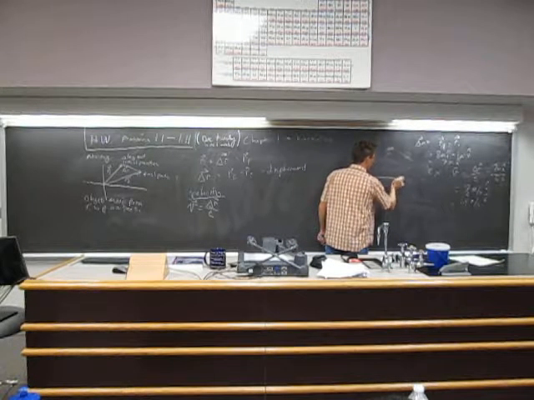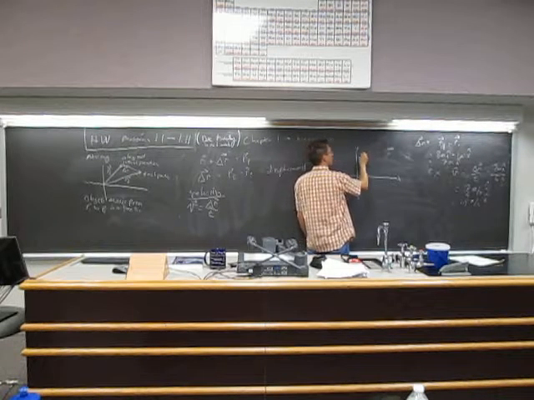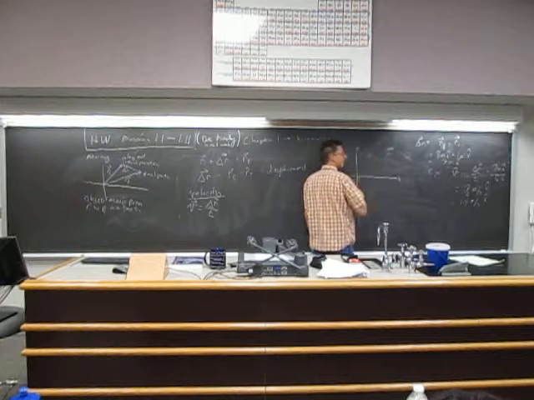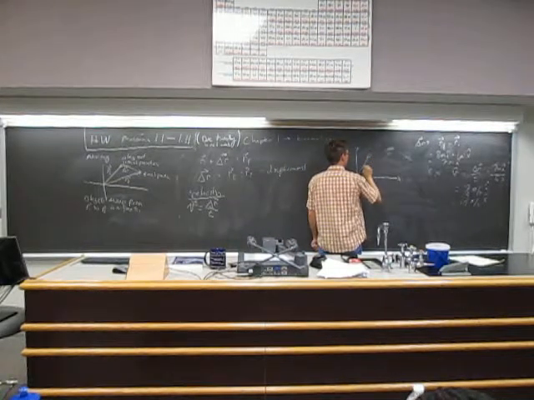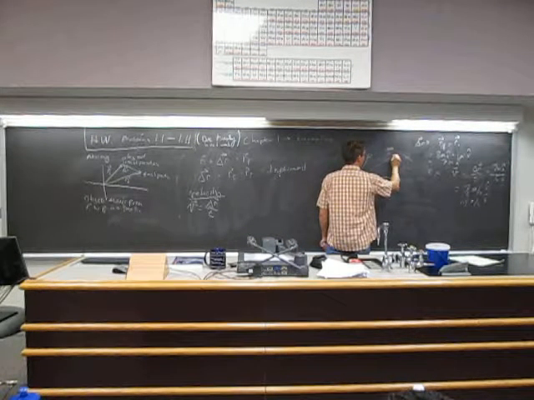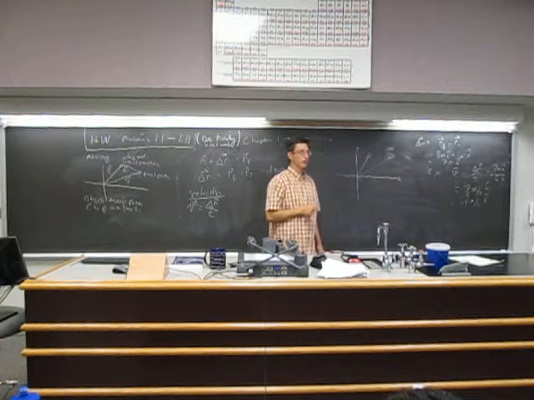Again, I'm going to introduce a coordinate system, x and y. And I'm going to have a person walking again. But this time, they're going to walk straight east, just like before.